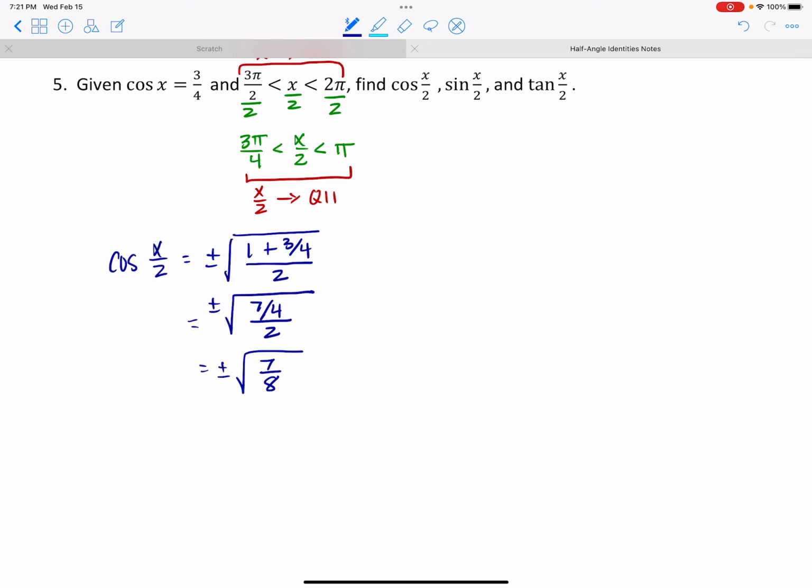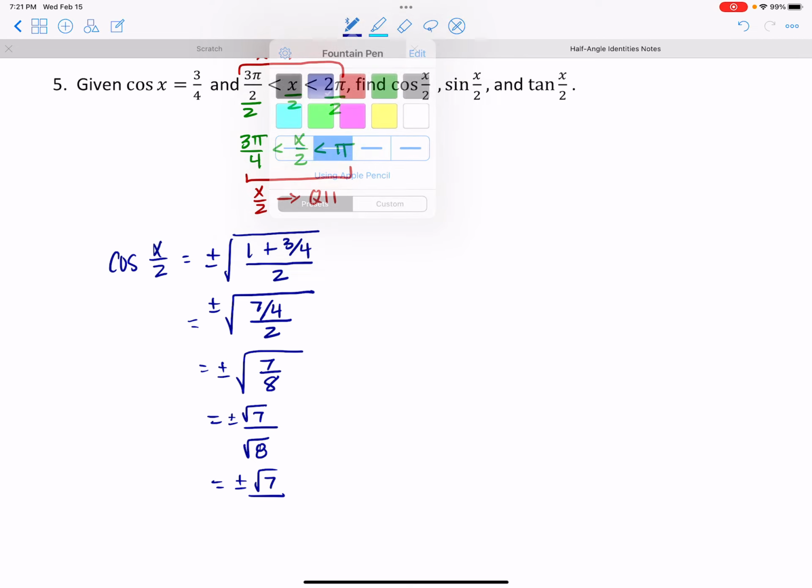You're thinking, oh yeah, we're almost done with this one. But if we really want to simplify this, I can't take the square root of 7, so let's keep that 7 in the radical. I can't take the square root of 8, but I can simplify the radical 8. So this is really going to be plus or minus radical 7 over radical 8. If you break this down, 8 is 2 times 4, which means a 2 can come out of that, so it breaks down to 2 radical 2 in the bottom.